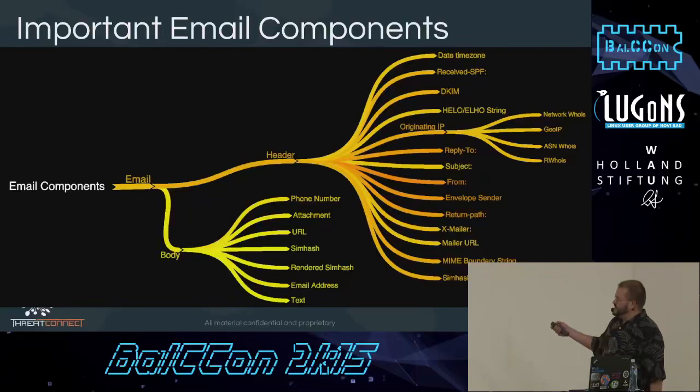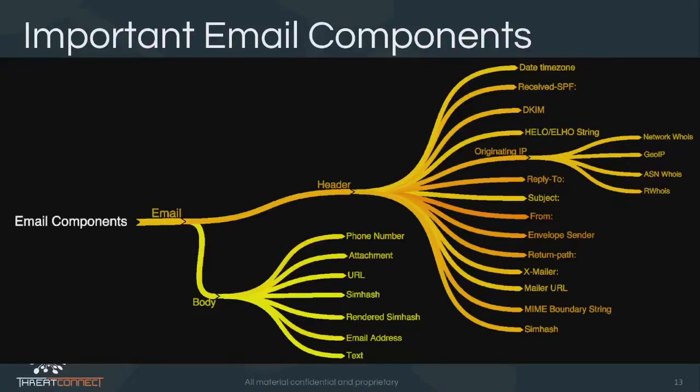So return path, this is not necessarily that important for me in this stuff, but this part, the X-Mailer and the mail URL, this is very, very, very interesting. When you have a compromised website, and the compromised website is being used to send spam, one of two things can happen.